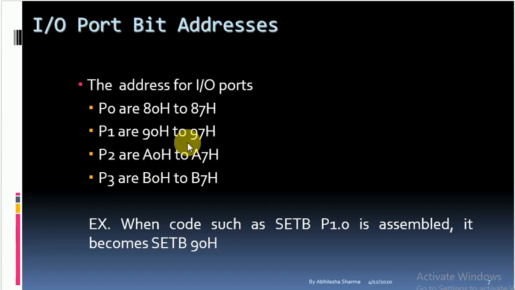Similarly 90 to 97 again consumes the 8 bits for port 1. So the alternate of SETB P1.0 is SETB 90H. These two instructions are performing the same operation.